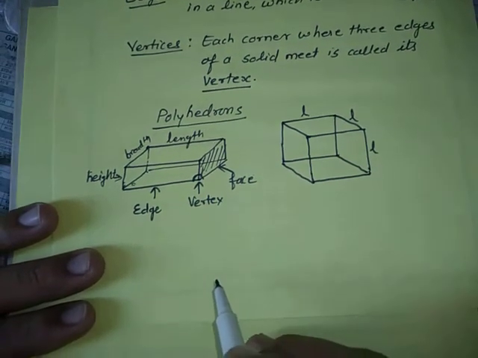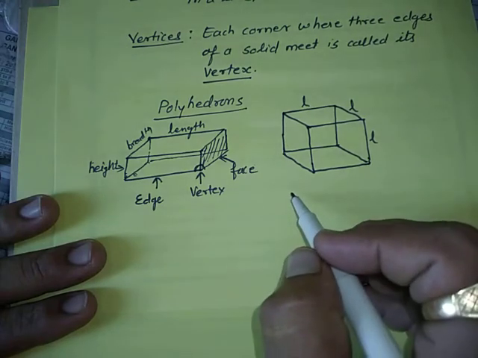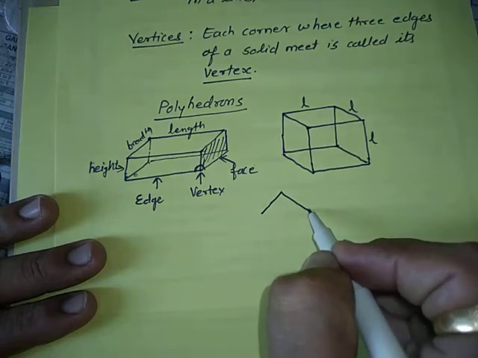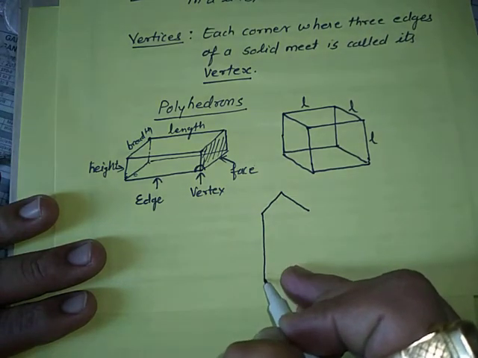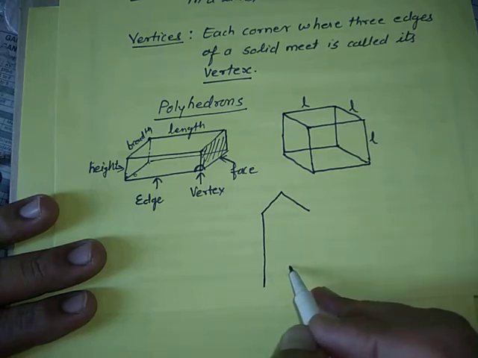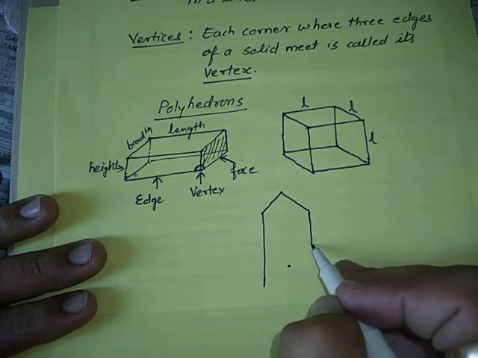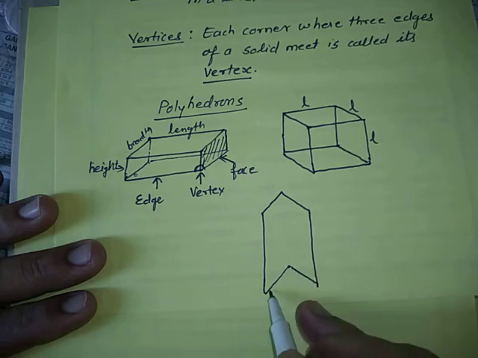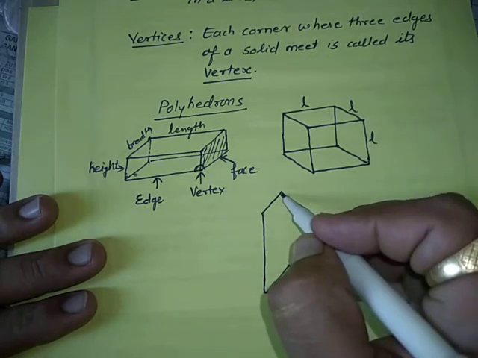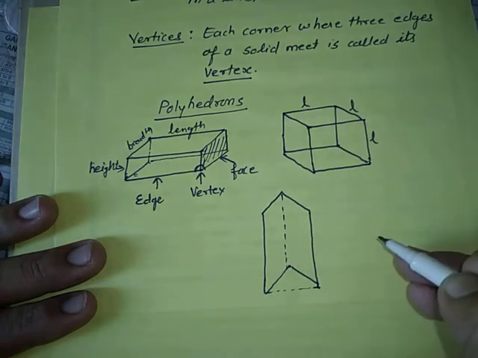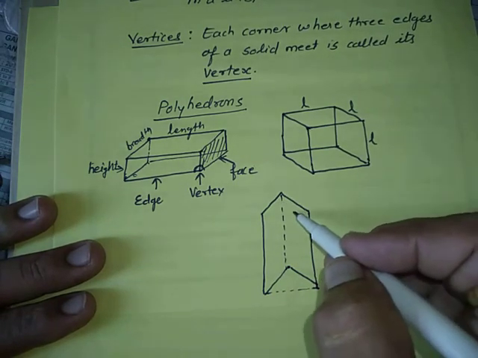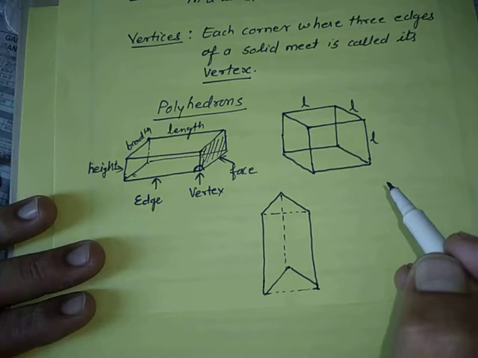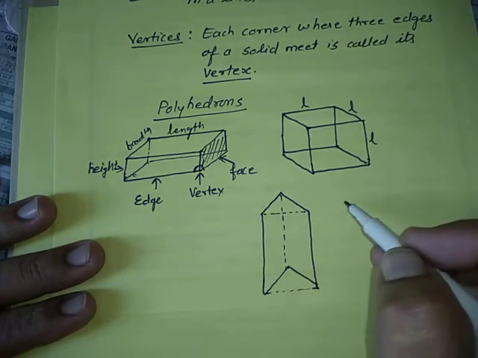Similarly, one or two more figures related to this. Suppose I draw a small figure, and this figure contains 1 2 3 4, okay, this is known as a prism type of figure.